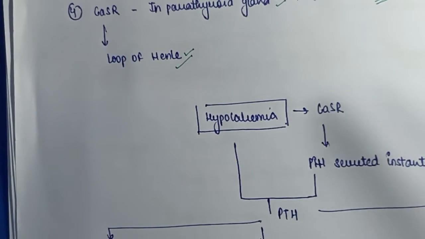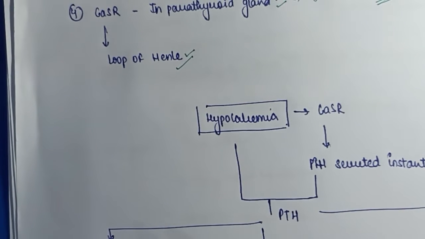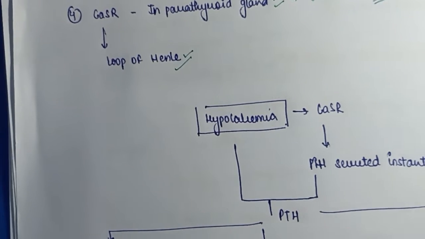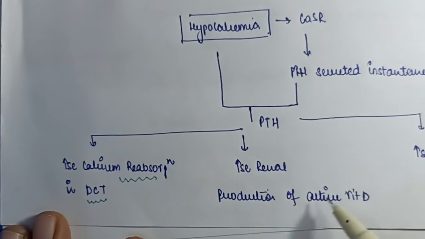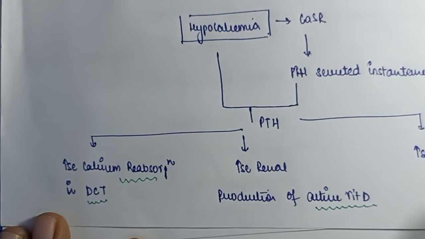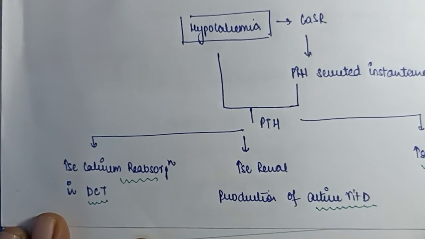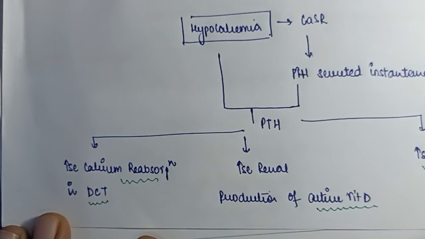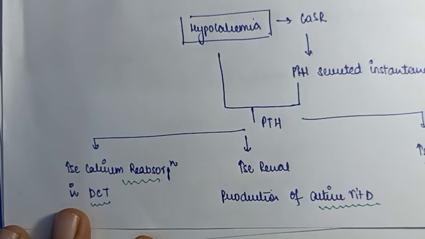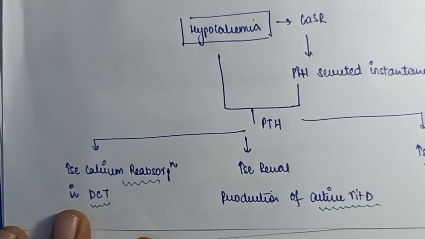Parathyroid hormone has three actions. It increases the calcium reabsorption from distal convoluted tubules. Plus, it increases the renal production of active vitamin D. Then it increases the bone resorption. And thus increases the serum calcium levels.